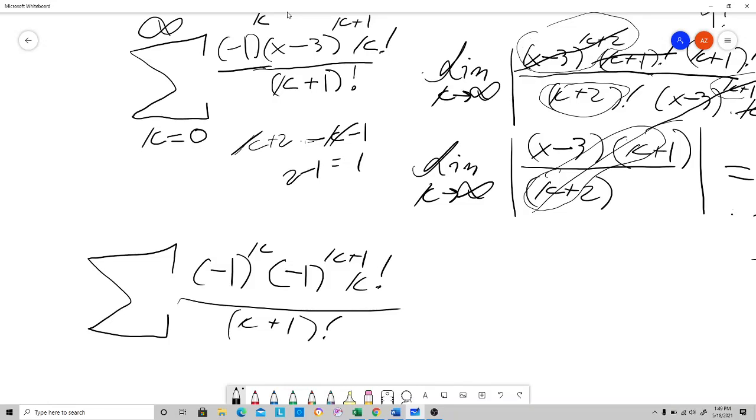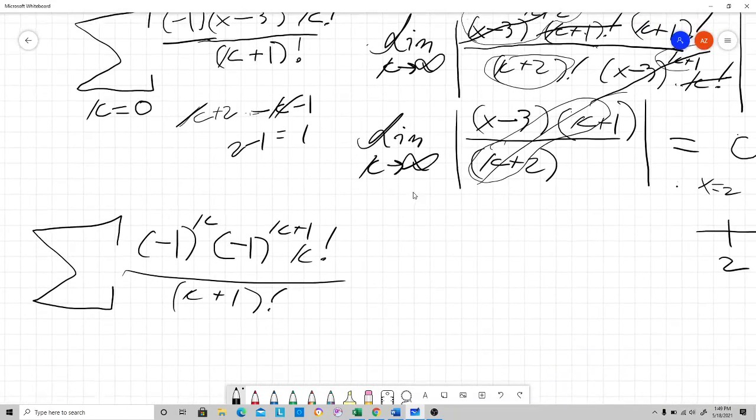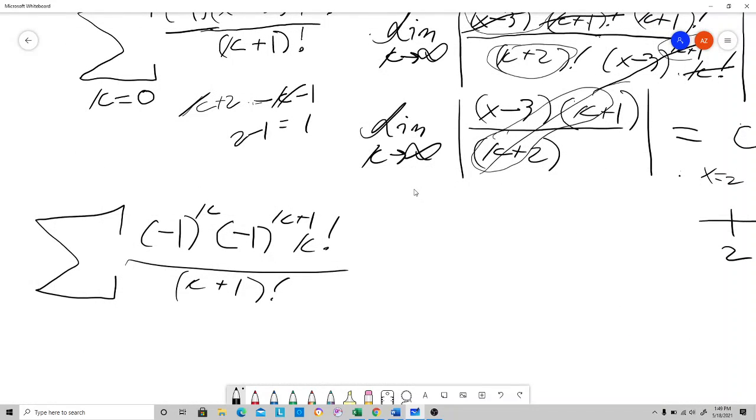Okay, now let's analyze this. If we simplify this power series, oh, you know what? Look what we could have actually done. We could have simplified this sum a little better, and I'm going to do that right away.